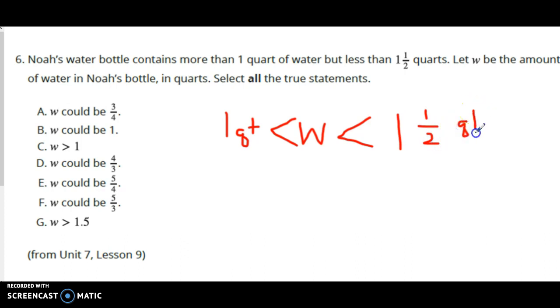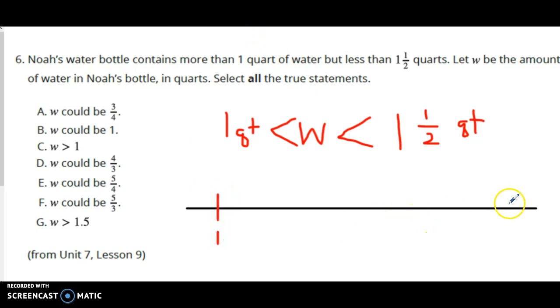So I think the best strategy for this would be to draw a number line, because what we can do is we can come up with all of the values that are between 1 and 1.5. So I'm going to make this be 1. I'm going to make this be 1.5. And what I'm trying to do is figure out, could I plot these points that they're going to give me in between 1 and 1 1/2? Why or why not?